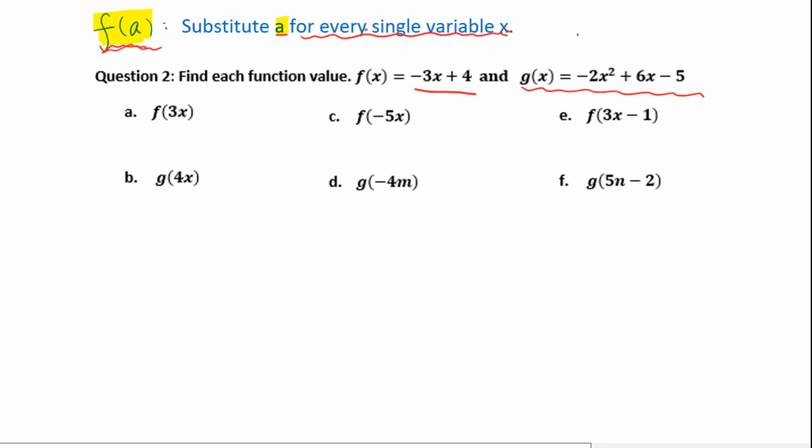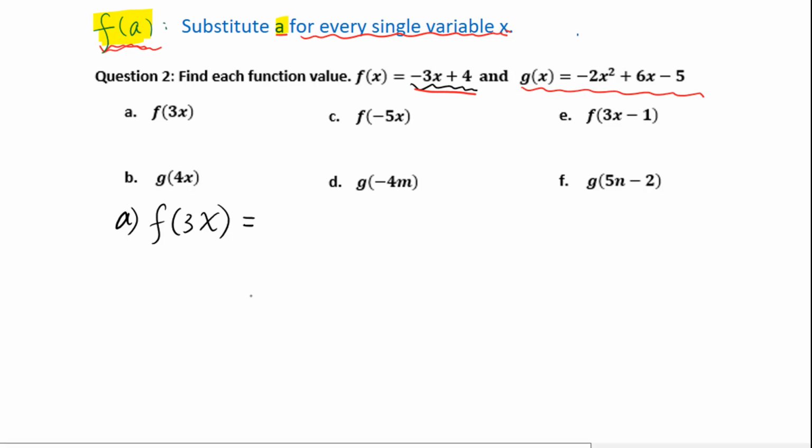In other words, every single x will be changed into a. So for a, f of 3x, which means every single x changed into 3x. This is f of x.